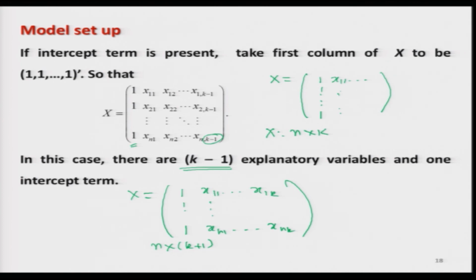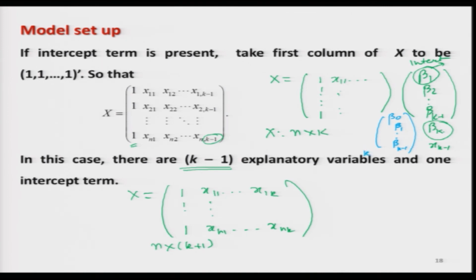So, you have to be careful how you do it. In the first option, the regression coefficient vector will be beta 1, beta 2, up to beta k, where beta k corresponds to the variable x k minus 1, and beta 1 becomes your intercept term. A better notation is to introduce the intercept term as beta 0, so the vector is beta 0, beta 1, up to beta k minus 1, which remains a k cross 1 vector.